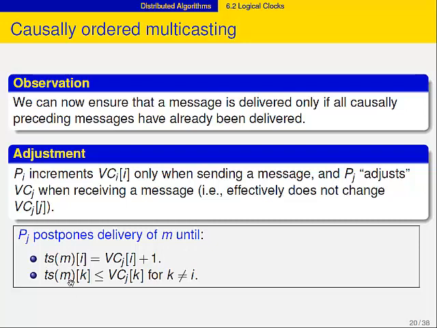Now let's see if you can translate these conditions. The first one is relatively easy. So I receive a message that is timestamped with this vector. And I take a look, I'm process PJ. Okay, I'm the recipient. And I see this message, and it has this. What does that say? Yes, exactly.